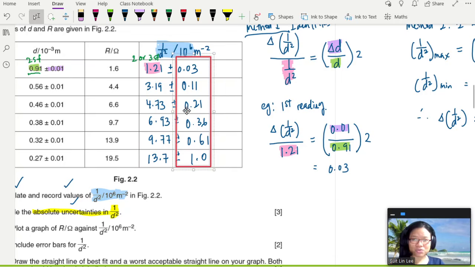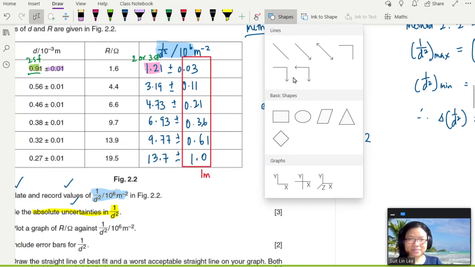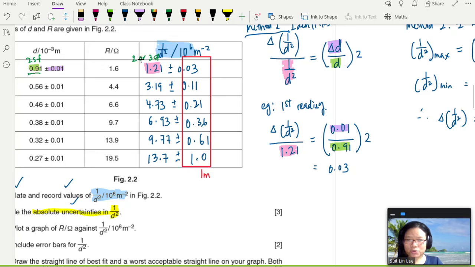Yeah, only 3 marks. No, the 3 marks is not everything. You find the absolute uncertainty, that is 1 mark. This one all correct, 1 mark. All these values correct. This 1.21, 3.19, all these you never press wrongly. This is 1 mark.